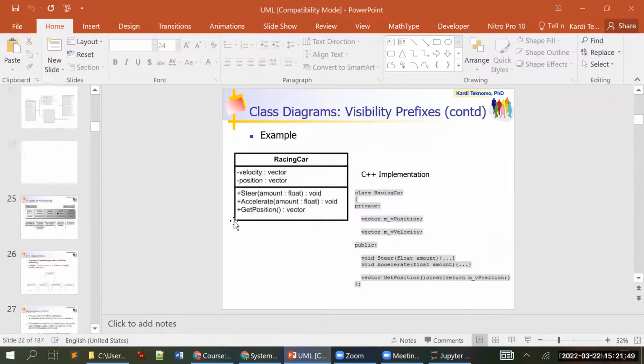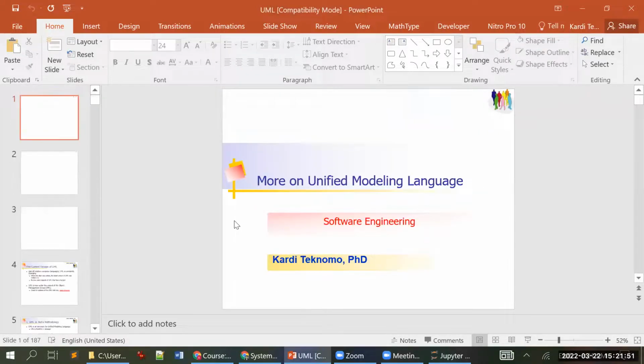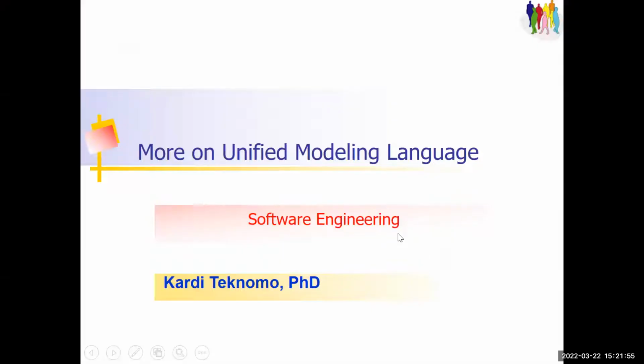So I will talk about this UML. This is part of what is called software engineering. Next time I will discuss software engineering in more detail, but at least this is what you need to know. So UML is called Unified Modeling Language. Okay, you can search in Google anyway.